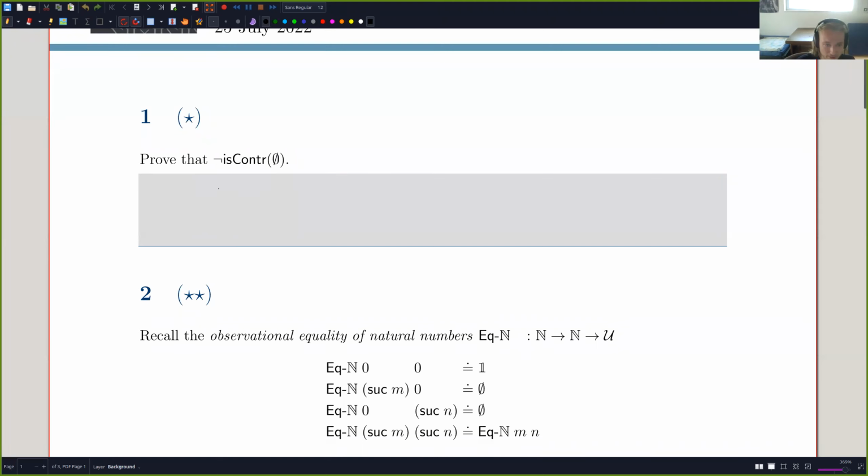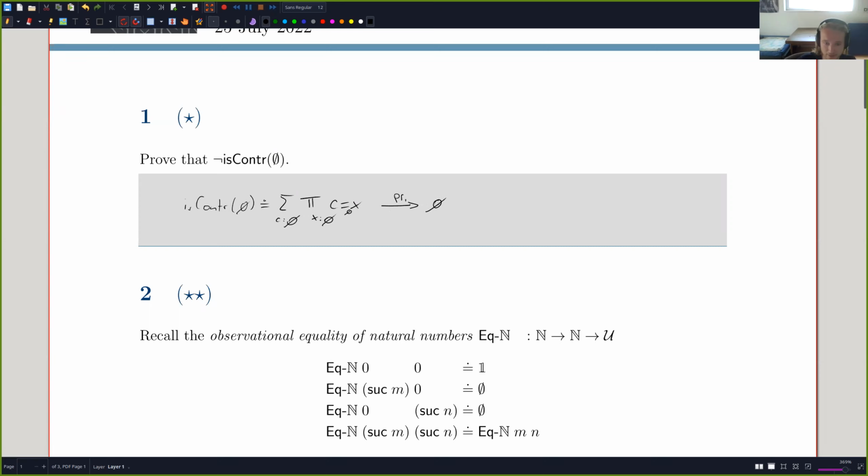To prove this, we simply write down the definition of is contractible for the empty type. What does it mean? We have an element C in the empty type together with a map proving that for X in the empty type, C is equal to X. And this has a first projection map to the first component of the sigma type.